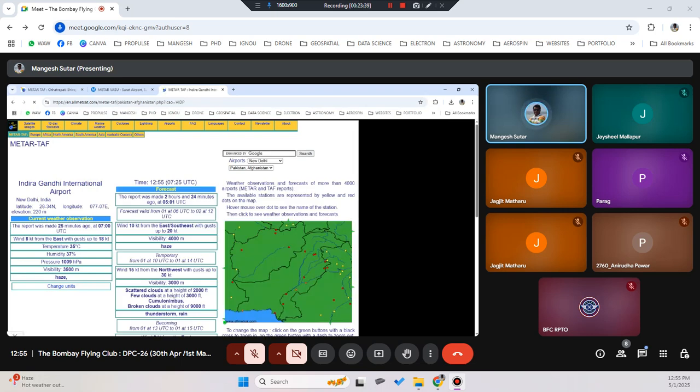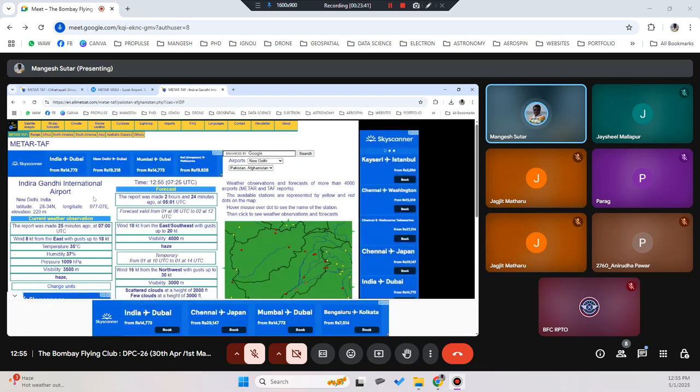This is similar. Here, Indira Gandhi International Airport. Now see the elevation of that airport above sea level. It is almost 220 meters. So Delhi Airport is at 220 meters height from sea level. Latitude of Delhi is 28 degrees. Longitude is 77. Report was made 25 minutes ago.